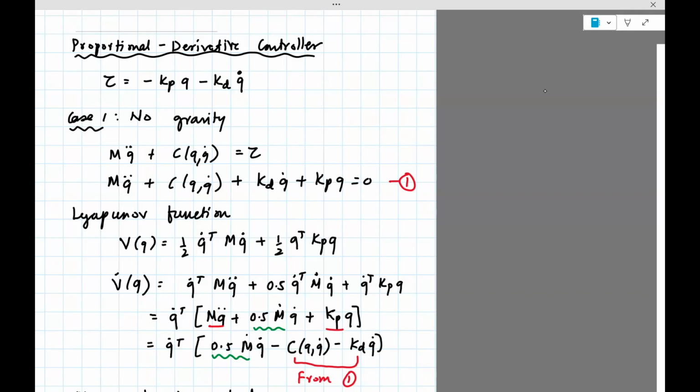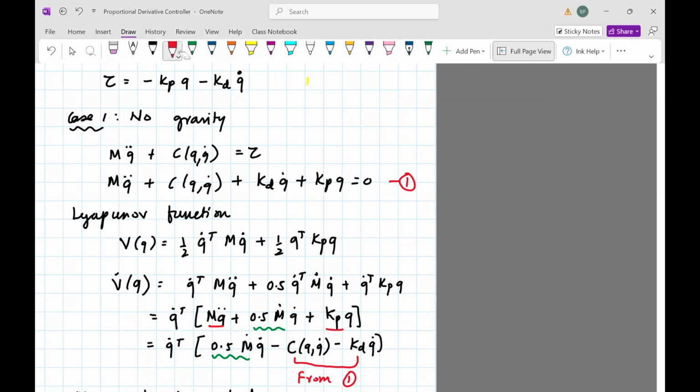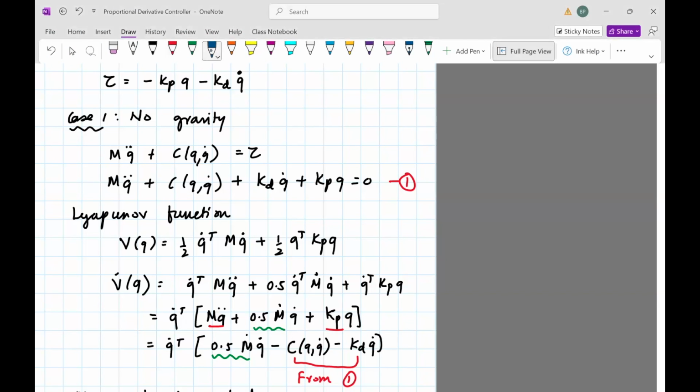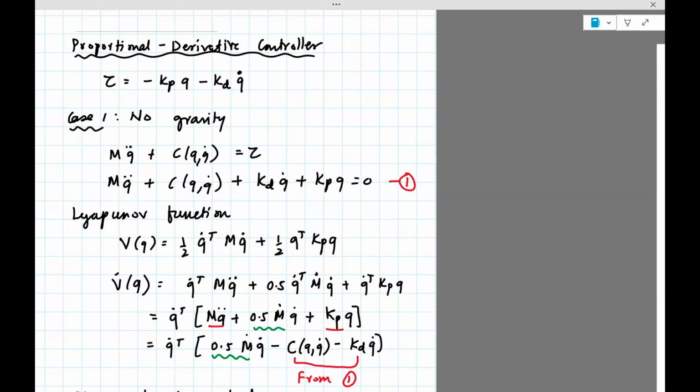So let's take the proportional derivative control, which is simply minus kp q minus kd q dot. And here we are just assuming that we want the equilibrium position to be q equals 0. Now this can be changed to any other position by defining the error instead of q. So the equilibrium in this case is q equals 0.